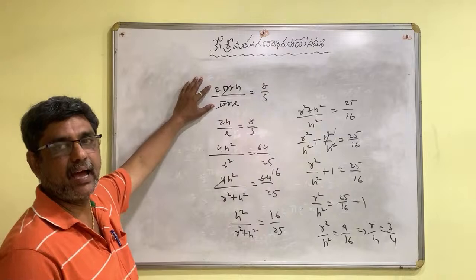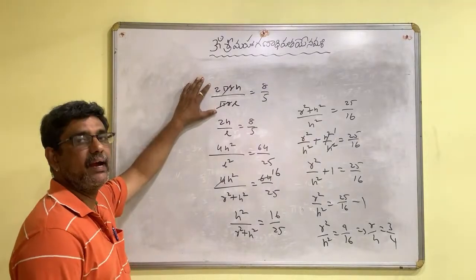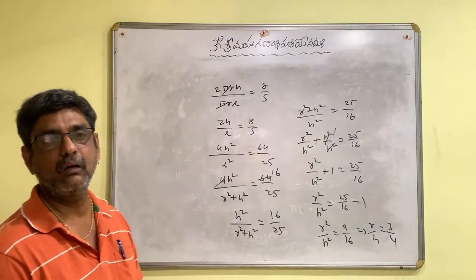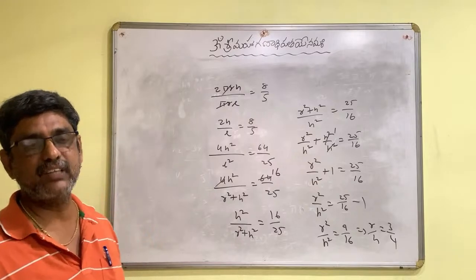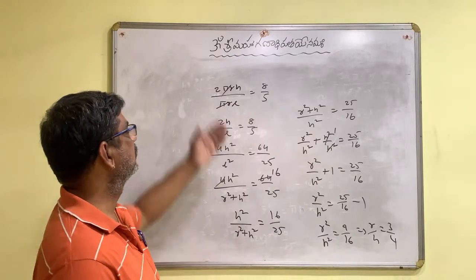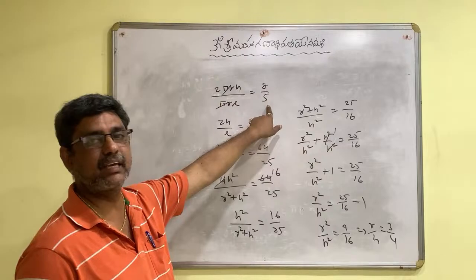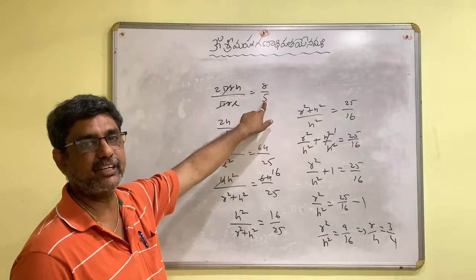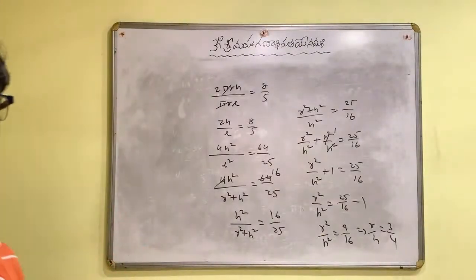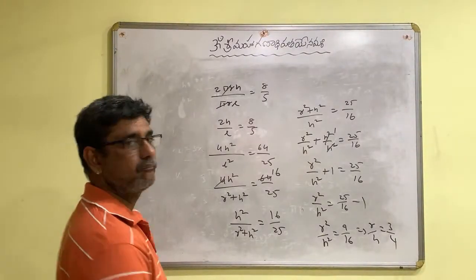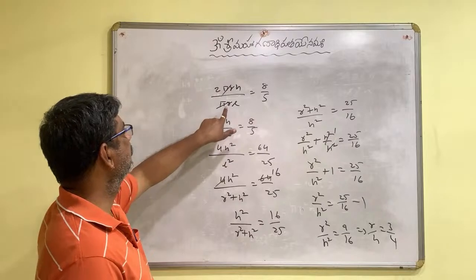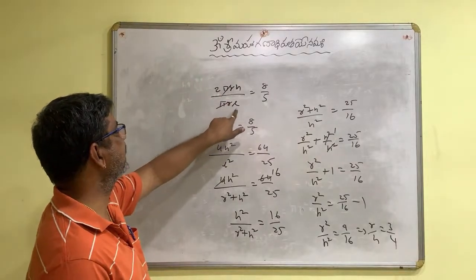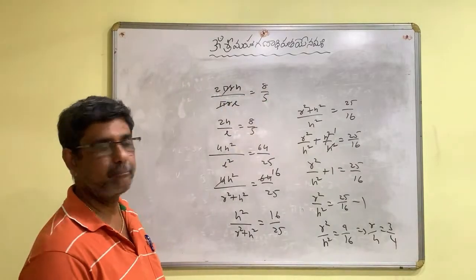Curved surface area. The radius and height of a cone and a cylinder are both the same. Curved surface areas ratio is given. So that means 2 pi r h by pi r l is 8/5.